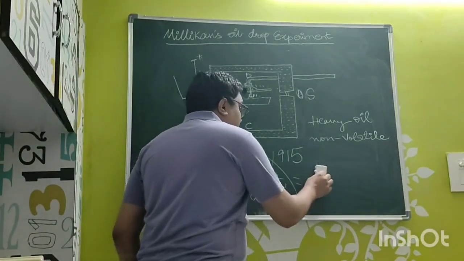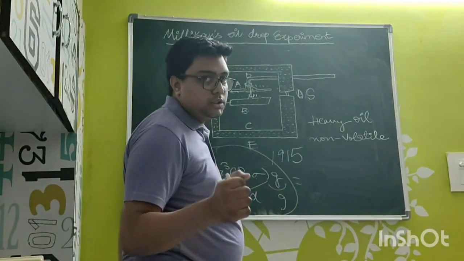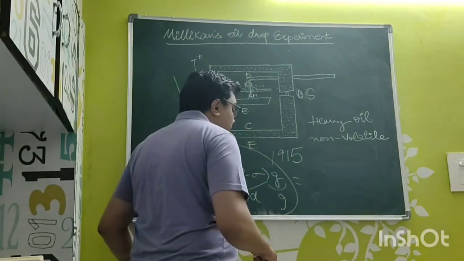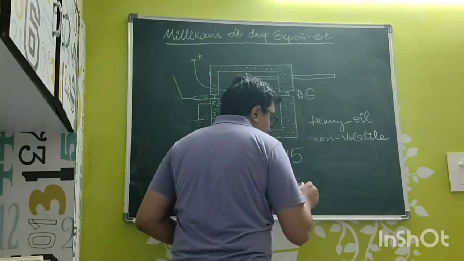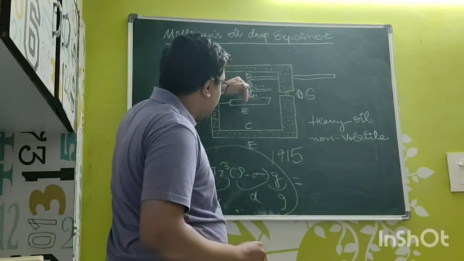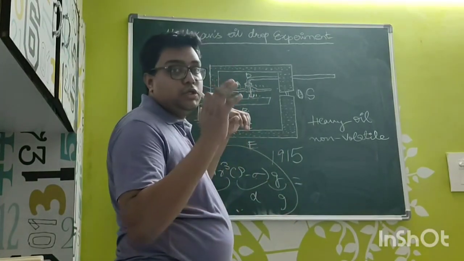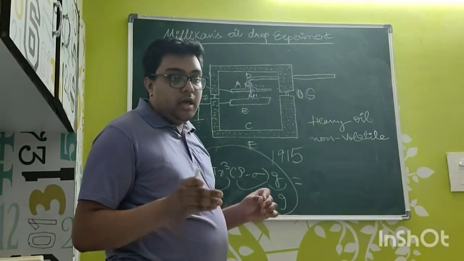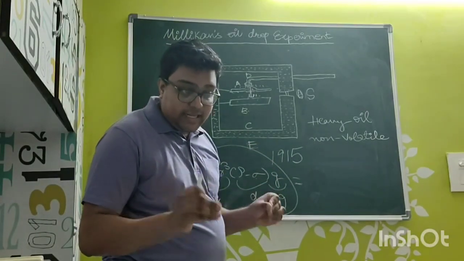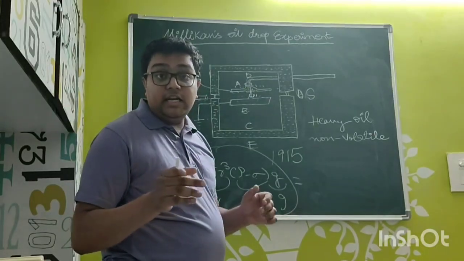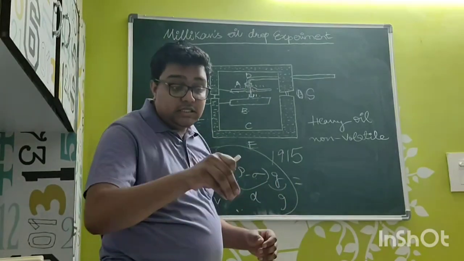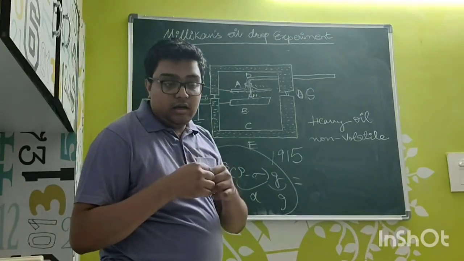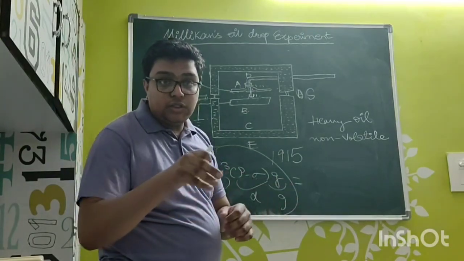Now this can be equated to the drag force. I want students to pay special attention here. This is the force experienced by the droplet while going down at terminal velocity. What is terminal velocity? Terminal velocity is the velocity attained by a particle in a drag environment when it is dropped without any initial velocity.